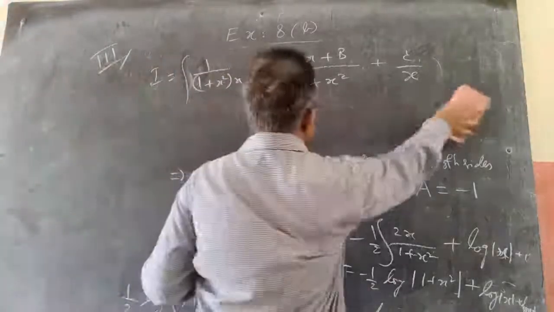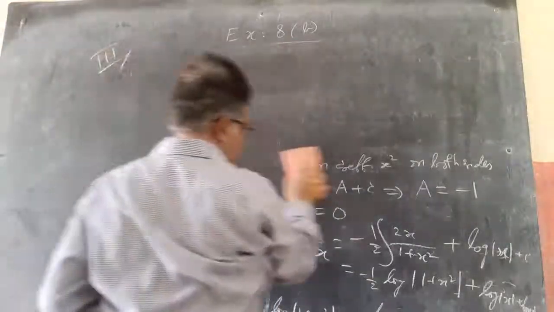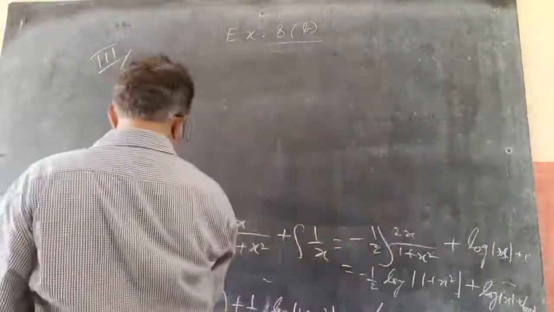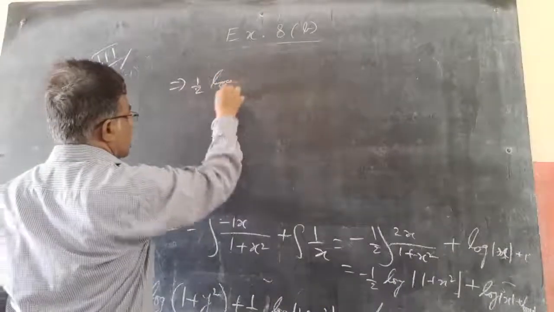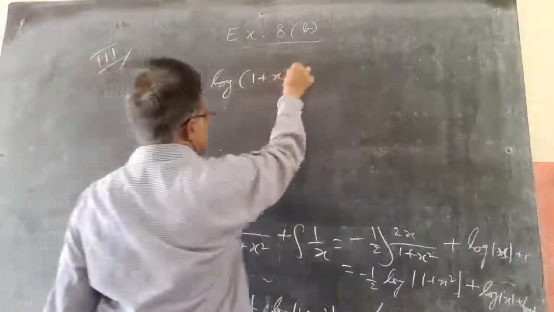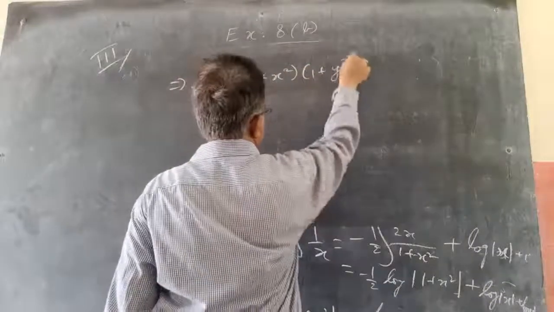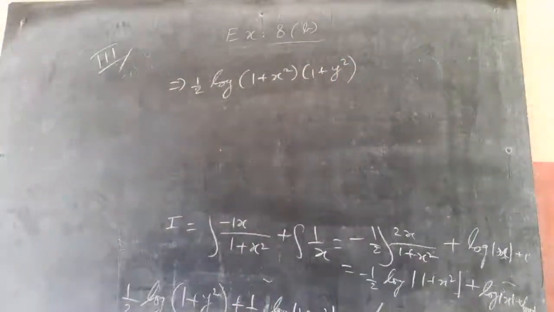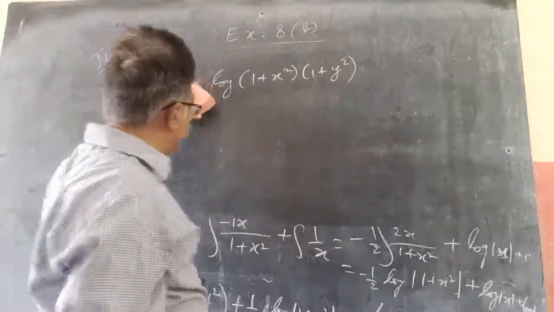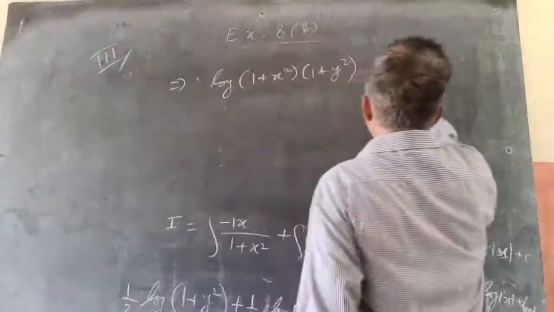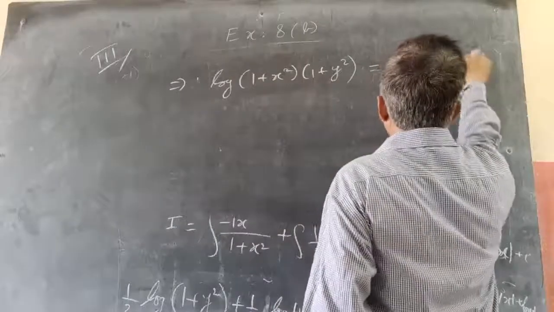Now this whole part becomes half into log of 1 plus x square into 1 plus y square. Log a plus log b, with half taken common, is log of ab. Now this half I will bring to this side, and it becomes 2 log x c.